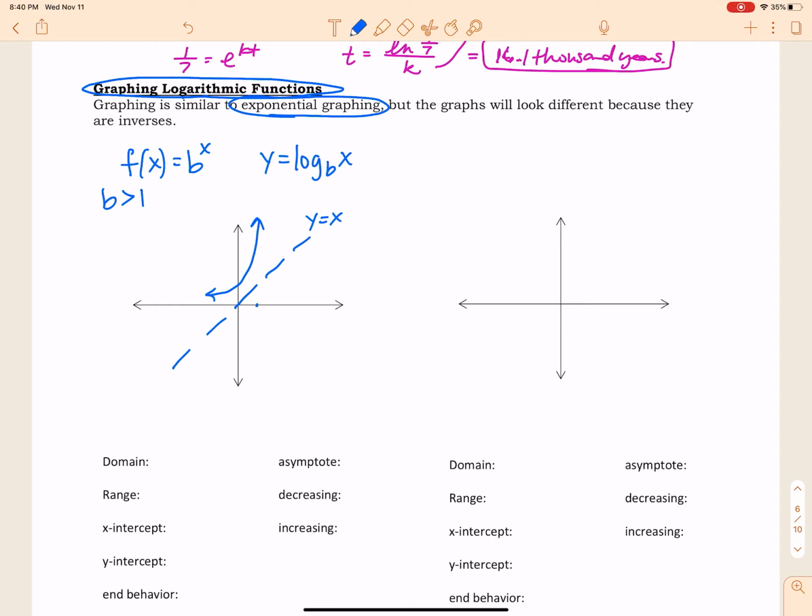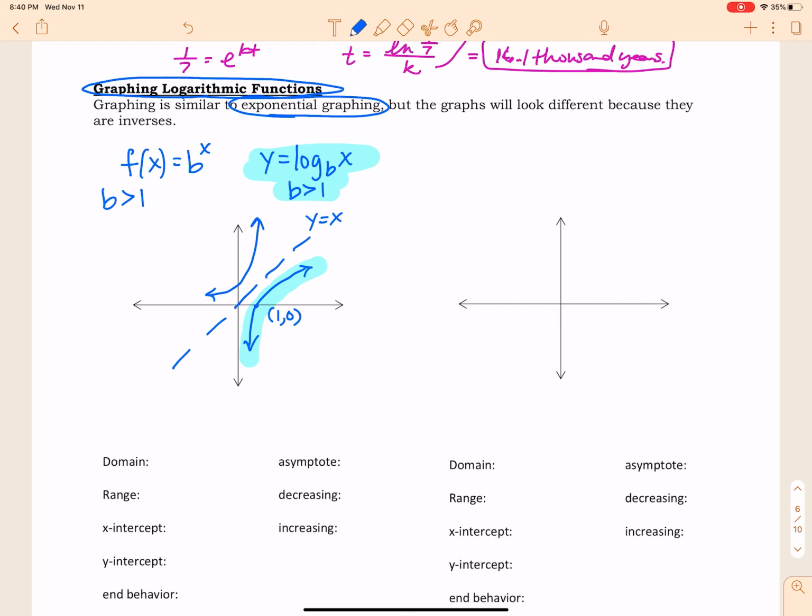So essentially what your log function looks like is that right there. It's got an x-intercept at (1, 0). So that is what your log function will look like when b is greater than 1. I'm just going to highlight this so you can remember that this is the log function right here, and it is the inverse of the exponential function.